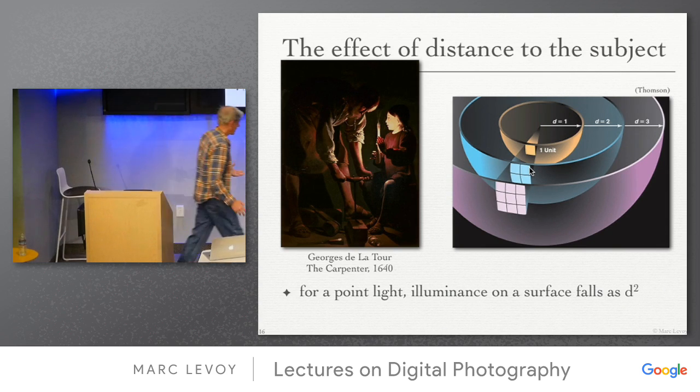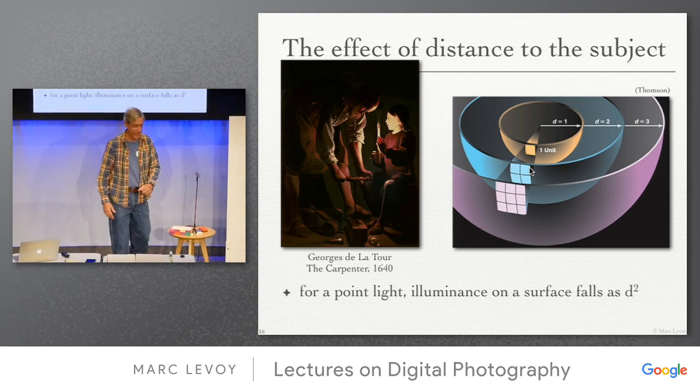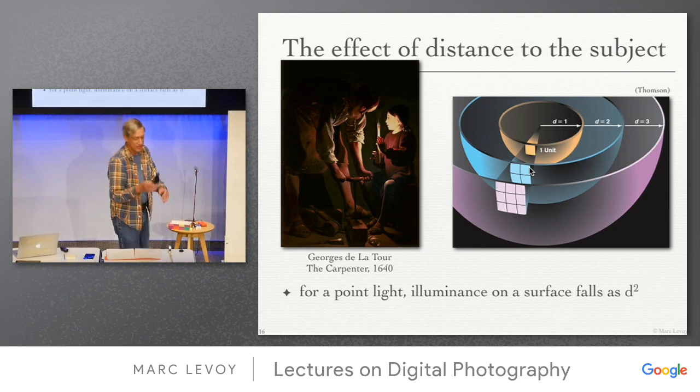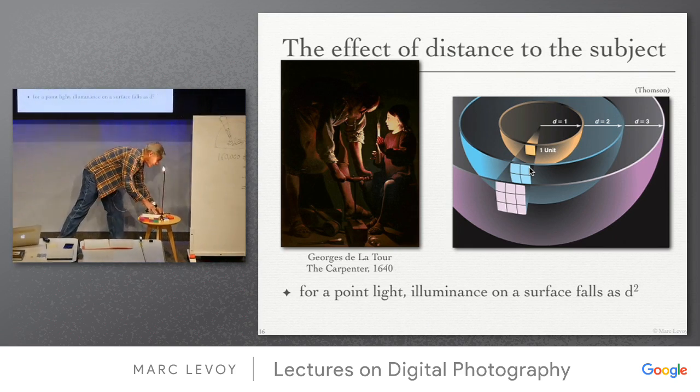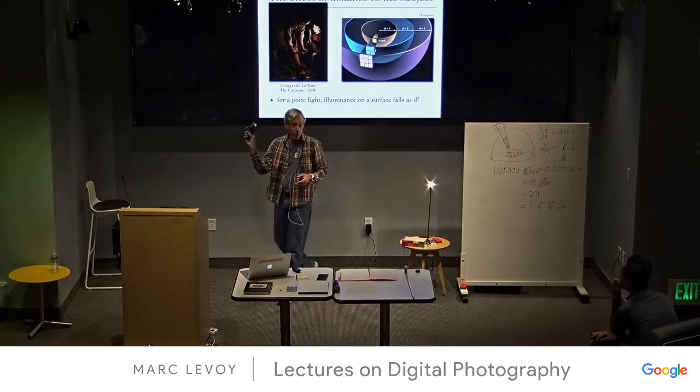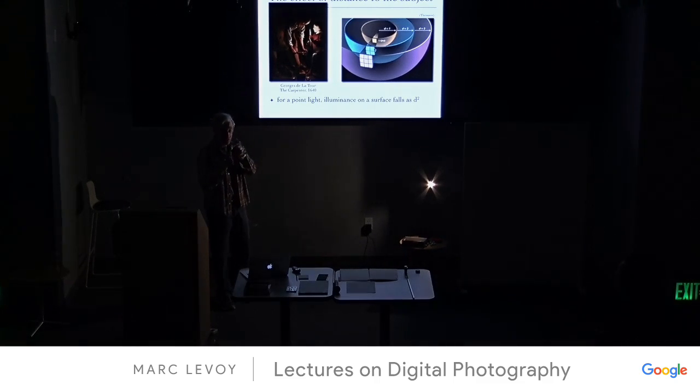So we can actually do a little test to measure that. I've got a point light source here, and Arthur's going to blacken the room for me. And I've got an ordinary light meter. It's going to be sensing through this dome here, but since there's no other light, to first approximation we can just think of it as what is falling on a surface.